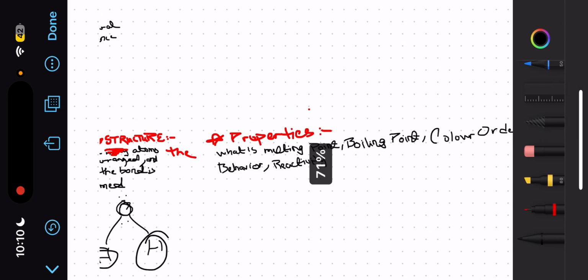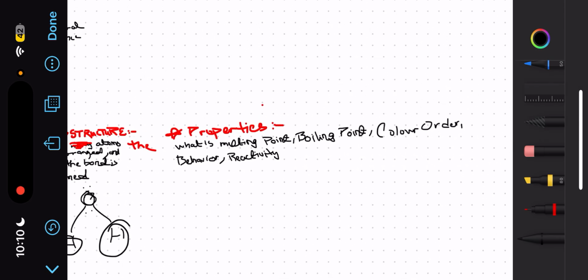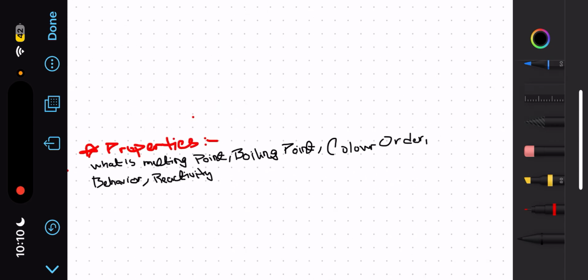In properties we discuss the melting point of the substance or formula, boiling point, color, odor, behavior, and reactivity.